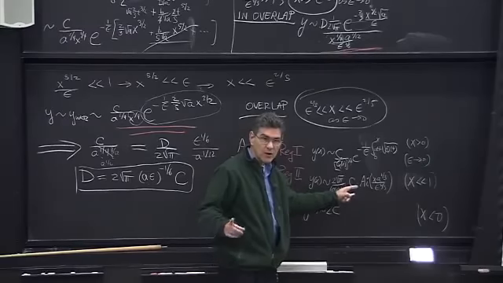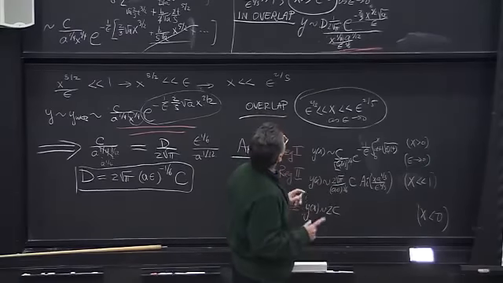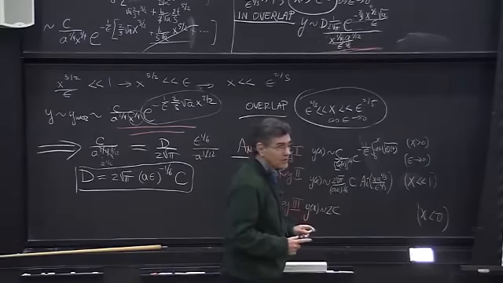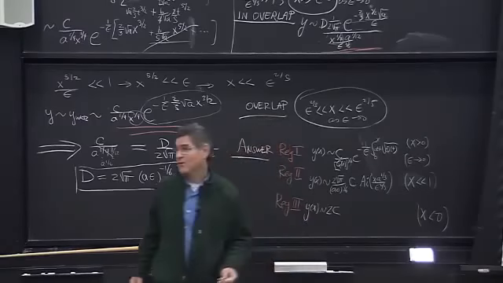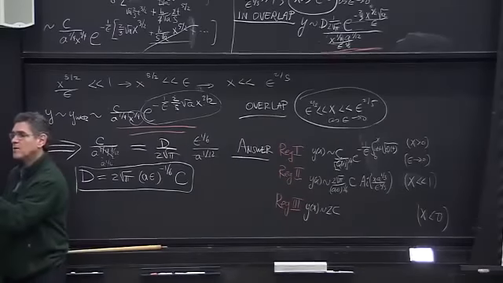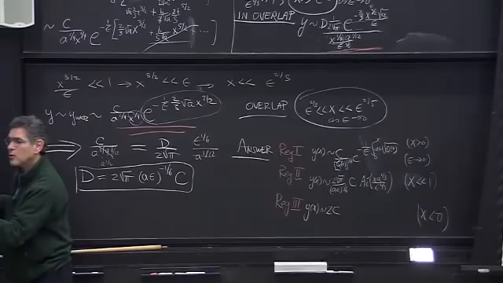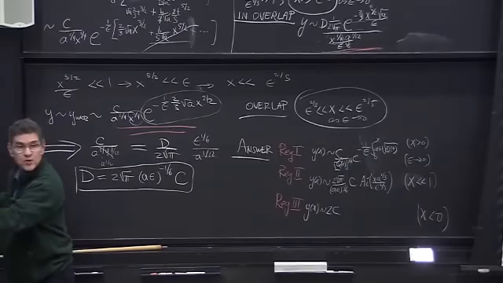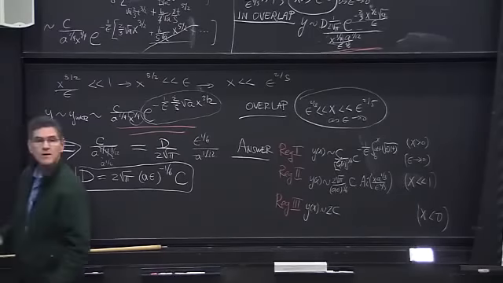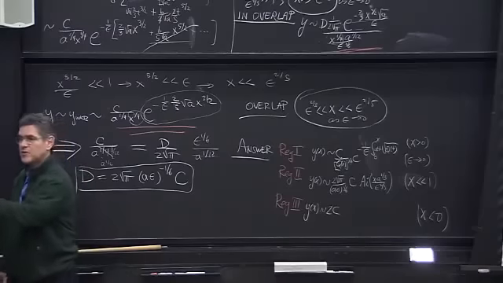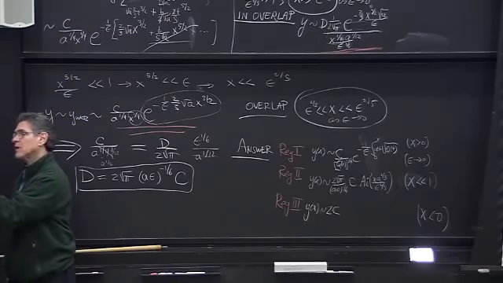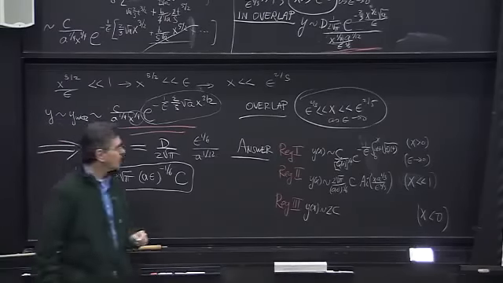So there's another matching region on the left-hand side. So we have region 1, a matching region going to region 2, another matching region going to region 3, which is x less than 0. Here's x greater than 0.